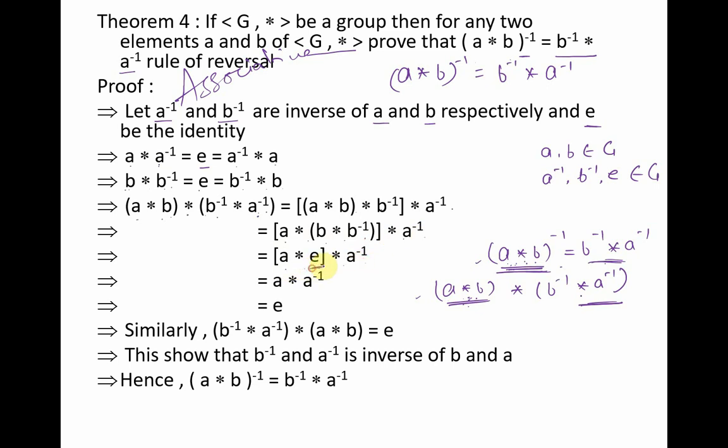This is an identity element. By property of identity element, A star E is equal to A. So A star A inverse is equal to E. So I have showcased that A star B star B inverse star A inverse is equal to E. That means B inverse star A inverse is an inverse of A star B.